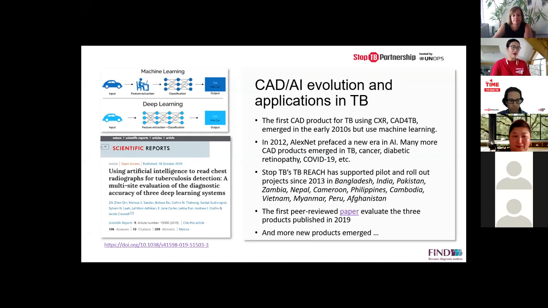Since then, the Stop TB Partnership has supported multiple rollouts and pilots of CAD solutions in Bangladesh, India, Pakistan, Zambia, and others. Since the changes in technology, we have really seen a shift from a machine learning system, which I show in the schematic.